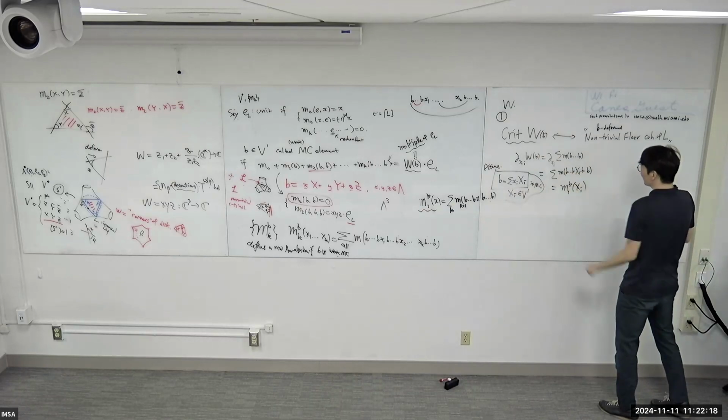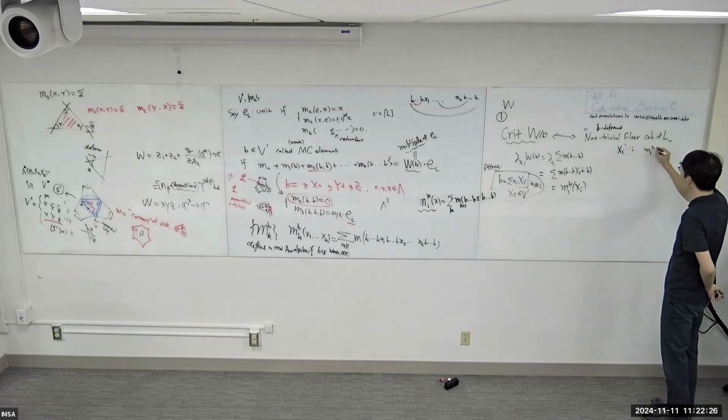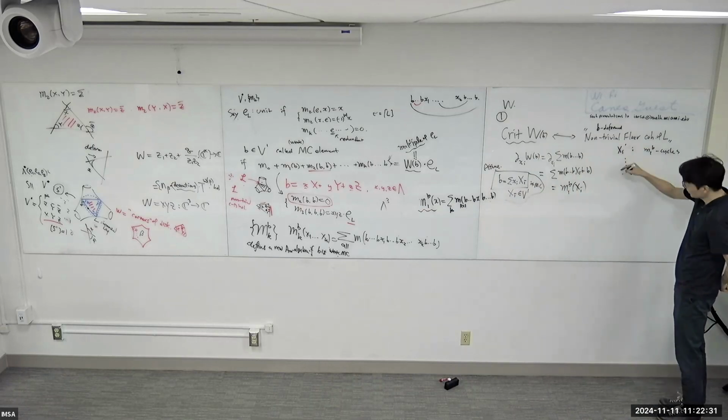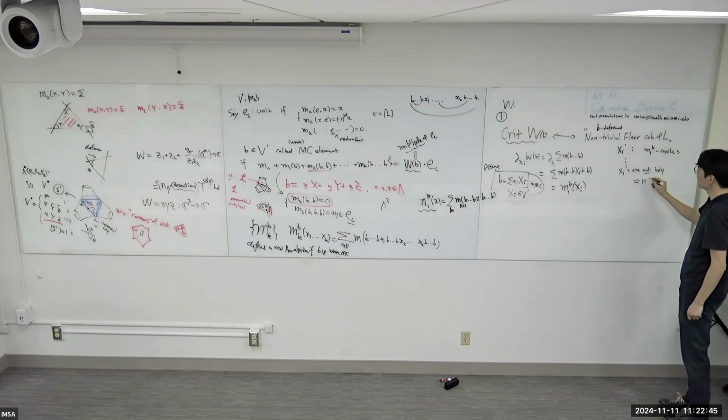So the critical point means the x_i are m_1^b cycles, and at the end of the day, you can actually prove that with some nice conditions, the x_i are not boundaries. So the Floer homology, the m_1^b homology, is not zero.